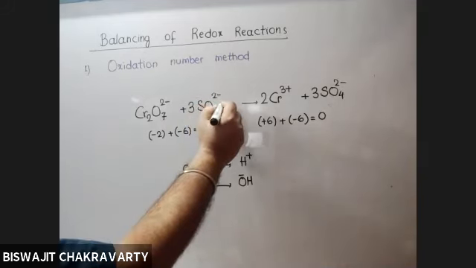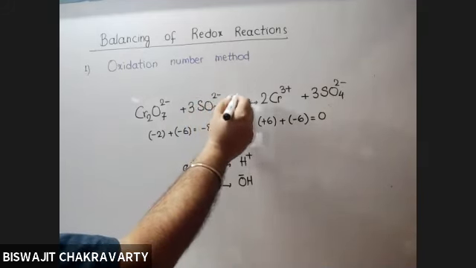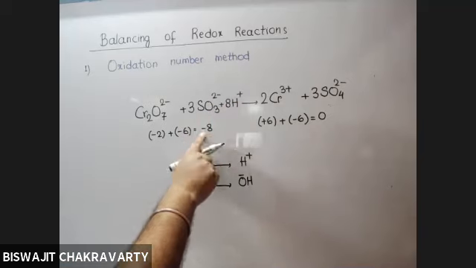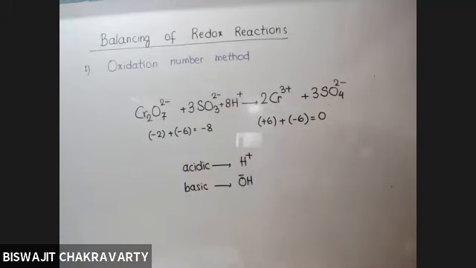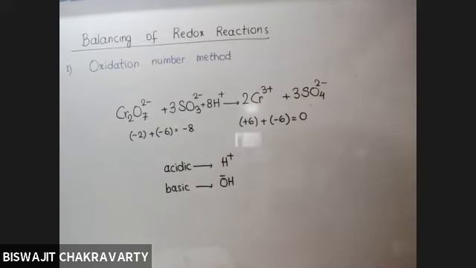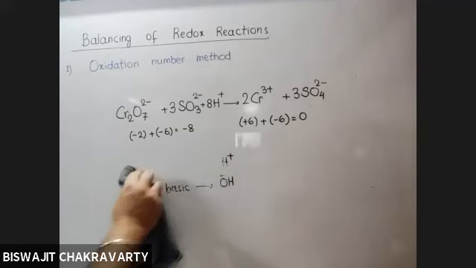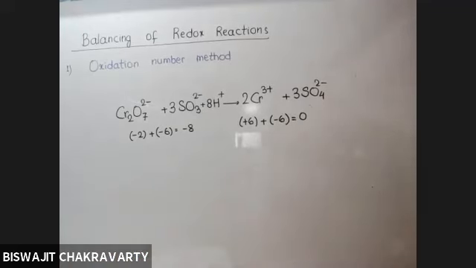Sir, left side. On the left hand side, if we add 8 H plus, -8 plus 8 will be 0, won't it? Yes, sir. Understood? So as soon as we add hydrogen, the hydrogen has increased, isn't it? Yes, sir. So we have to balance the hydrogen atoms also, and we finally balance the hydrogen atoms with the help of water.